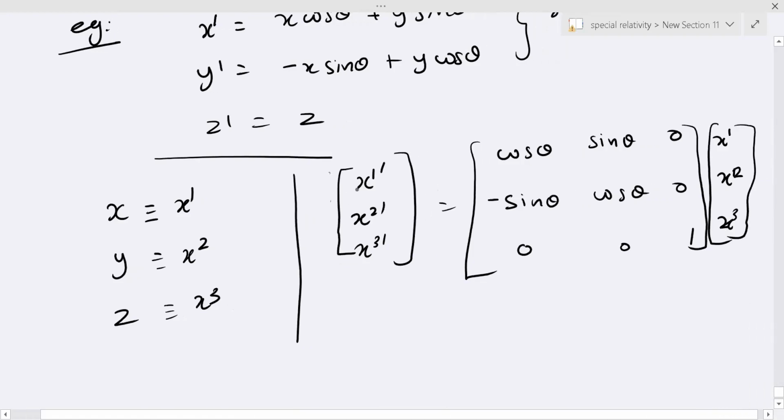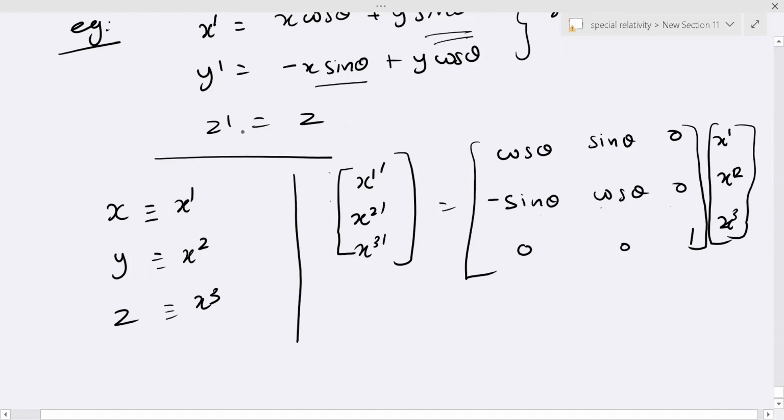So you see that x1 prime is equal to x1 cos theta plus x2 sin theta, as we have here, and x2 prime is equal to minus x1 sin theta plus x2 cos theta. That's also fine.